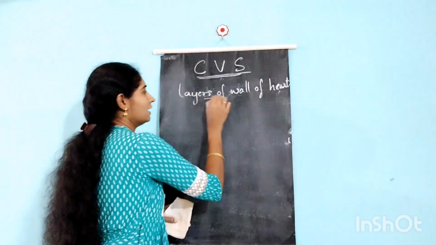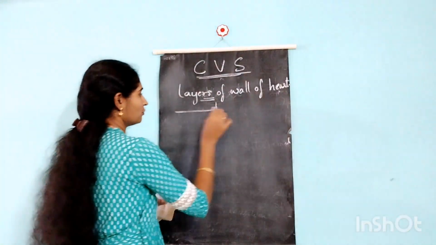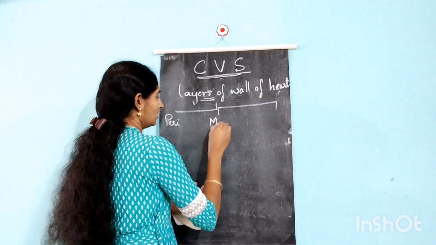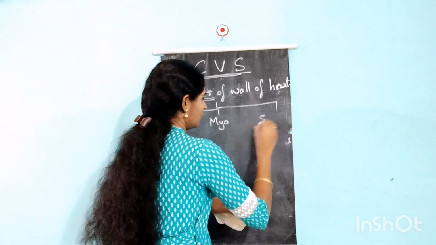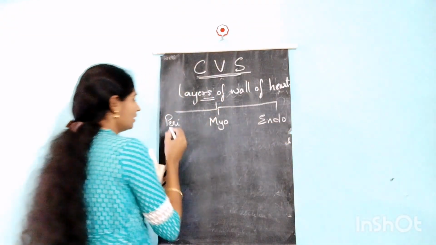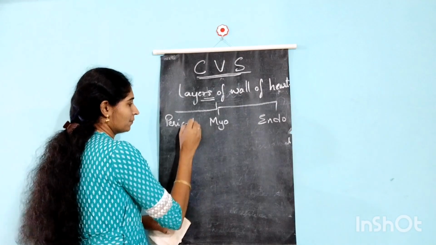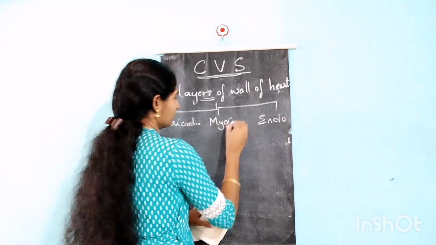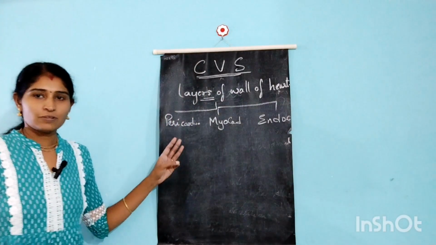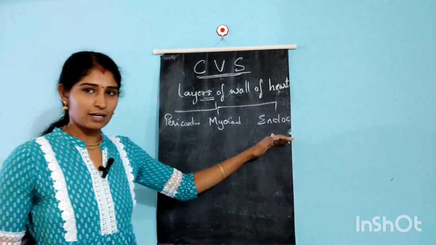Now moving on to the layers in the wall of the heart. It is divided into three, that is peri, myo and endo. Since it is related to the heart, it is called pericardium, myocardium and endocardium.